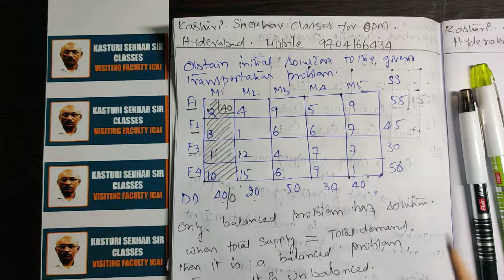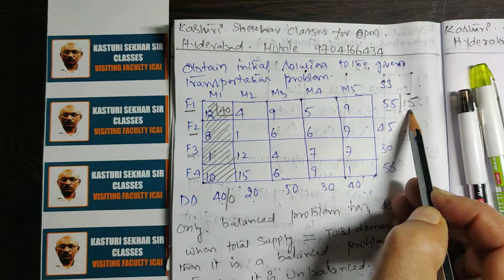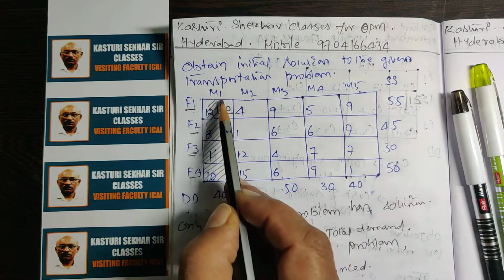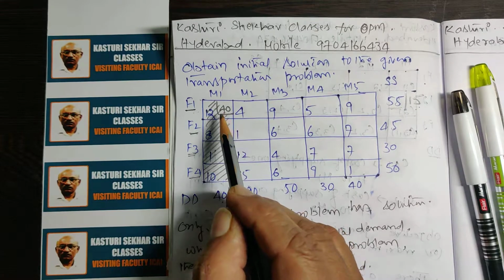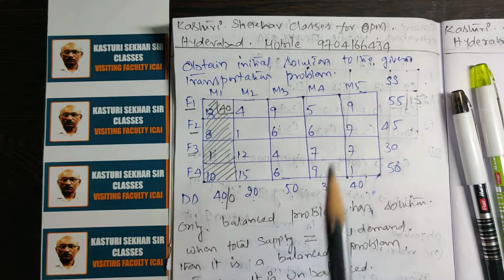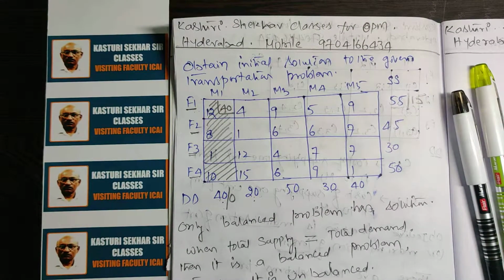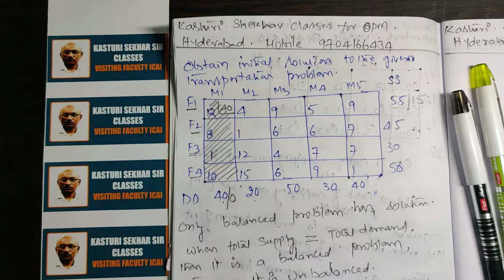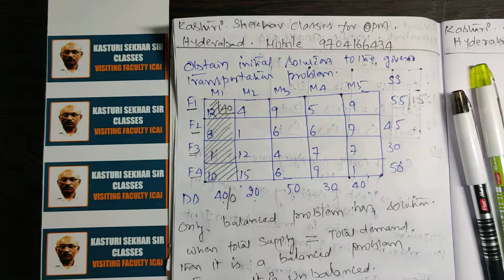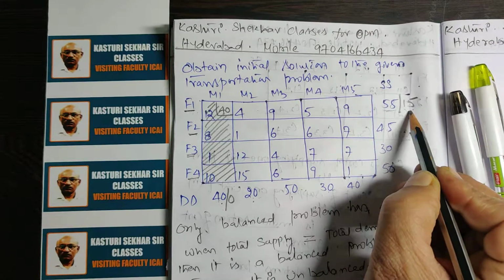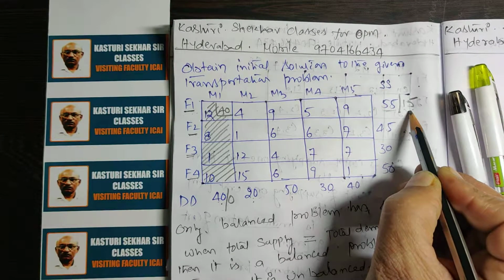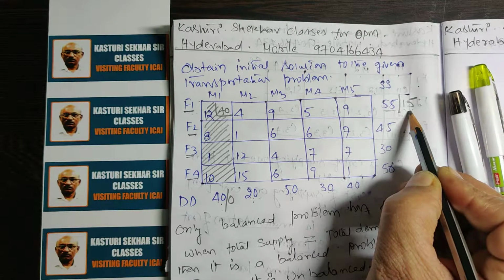Now, sir, how many more units are available? 15 more units are available at F1. Market 1 requirement is fully satisfied. Therefore, supply the goods to market 2, from F1 only. At F1, still 15 more units are available.